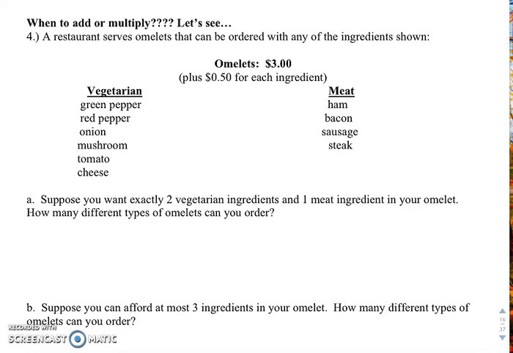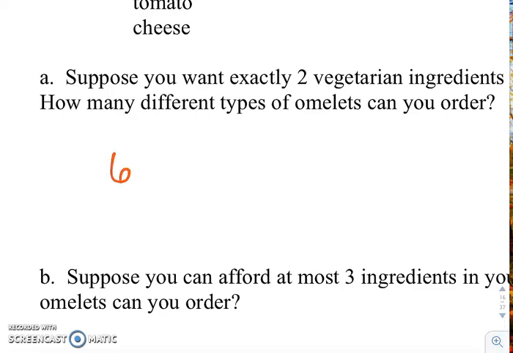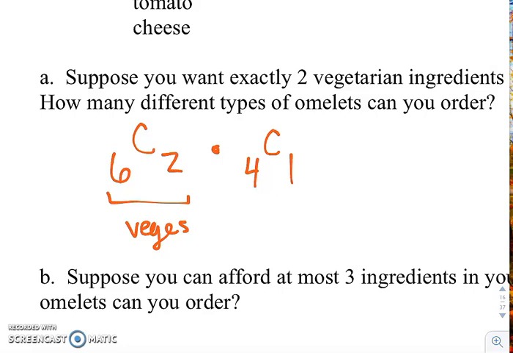Well, if you're ordering 2 vegetables and 1 meat, how many vegetables are there to choose from? 6, and you're only choosing 2. So those are your veggies, and you're going to choose 1 meat from the 4 options that they have for you there. So if you're doing more than 1 thing, you're doing vegetables and meat ingredients, that's when you guys are going to multiply.